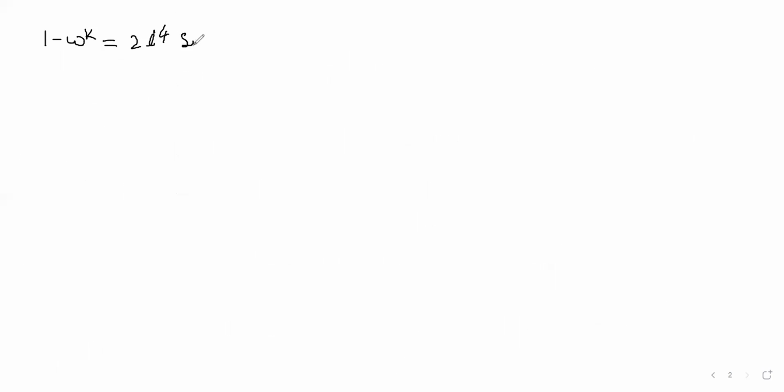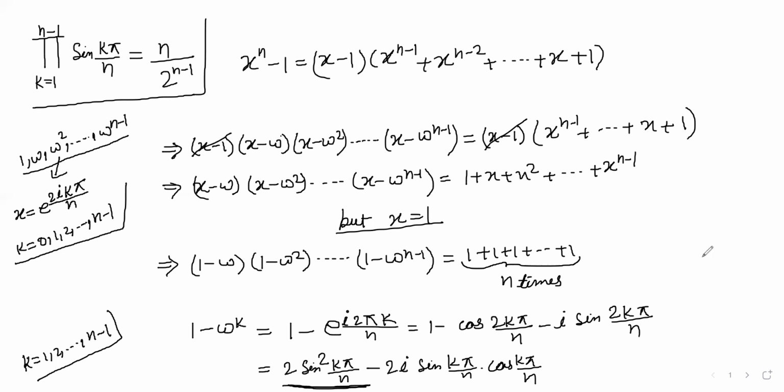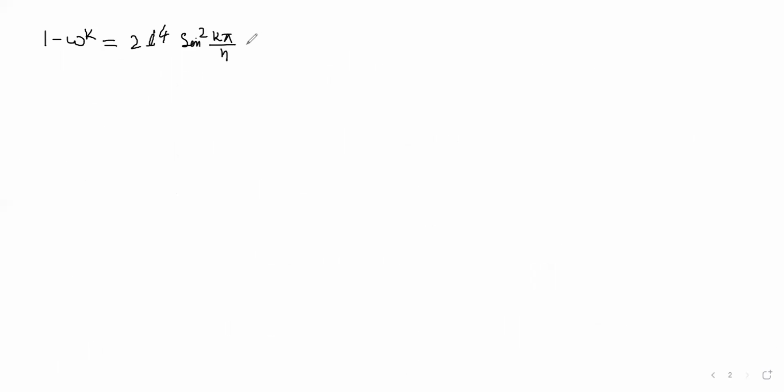So it is going to be sine square k pi upon n, and then we have a minus sign. We know minus iota can be written as iota to the power 3, so I will use this identity here. So in the next step, it is going to be plus iota to the power 3 times 2 sine k pi upon n into cos k pi upon n.